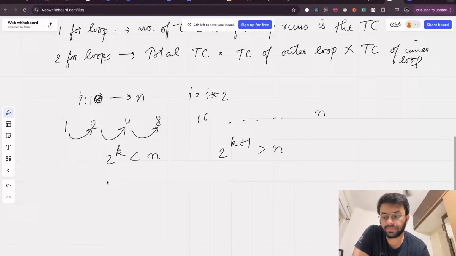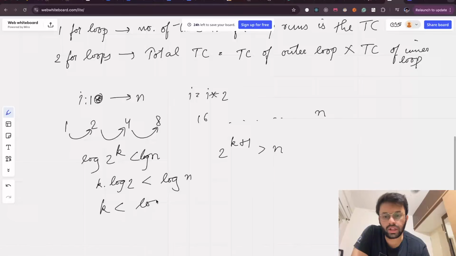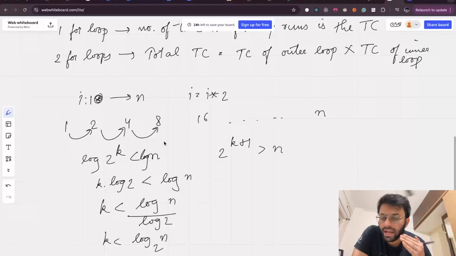So I'll take log on both sides, and here k log 2 is less than log n, and so k is less than log n by log 2. So k is less than log n base 2. So here my for loop will run at max log n base 2 times.